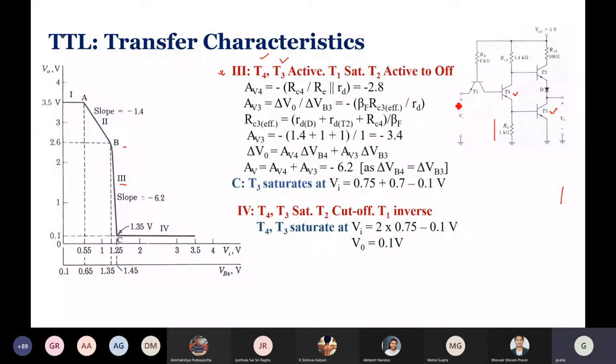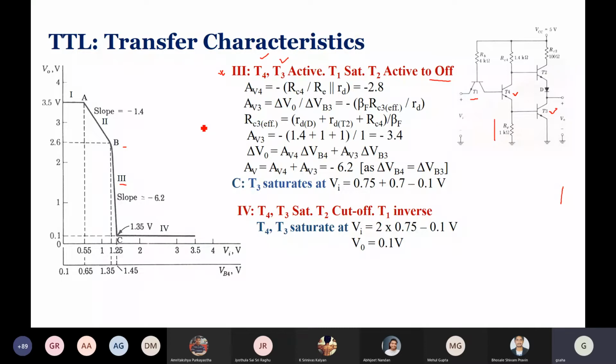T1 is still in saturation, and T2, as we understand, is now in the transition region. There could be a momentary, very short, transitory occasion when T2 and T3 both can be on. So T2 remains active, but at the end of it, it will switch off. So for certain voltage levels, both of them can remain on, and after that, it will go off. So this is, in summary, what is happening in region 3.